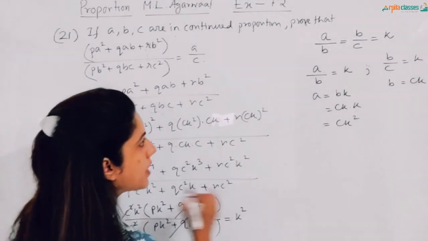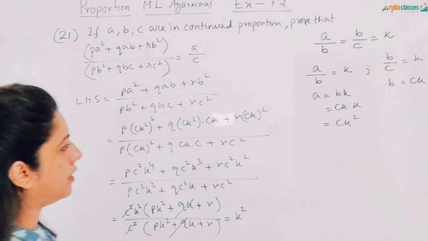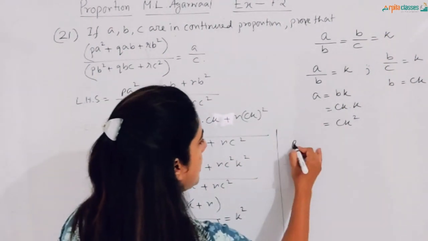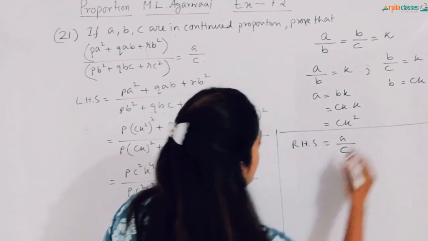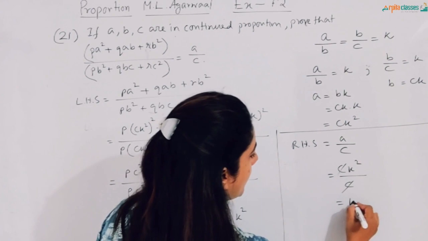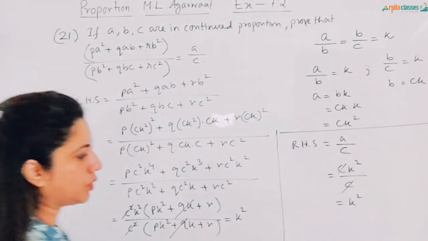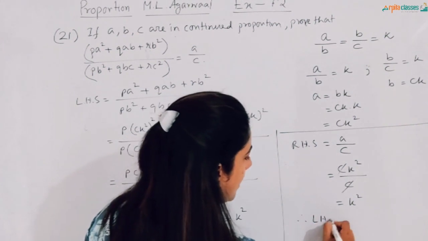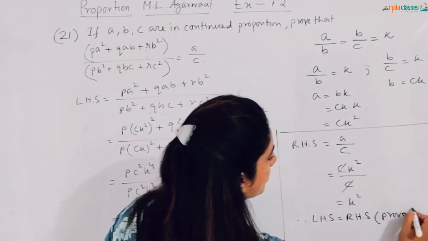So I get only K square from the left hand side. Now let us take the right hand side. Right hand side we have only A upon C. Okay, so A means C K square upon C. C gets cancelled, we get K square. So from the left hand side we got K square, from the right hand side also we got K square. So we can say left hand side is equal to right hand side, proved.